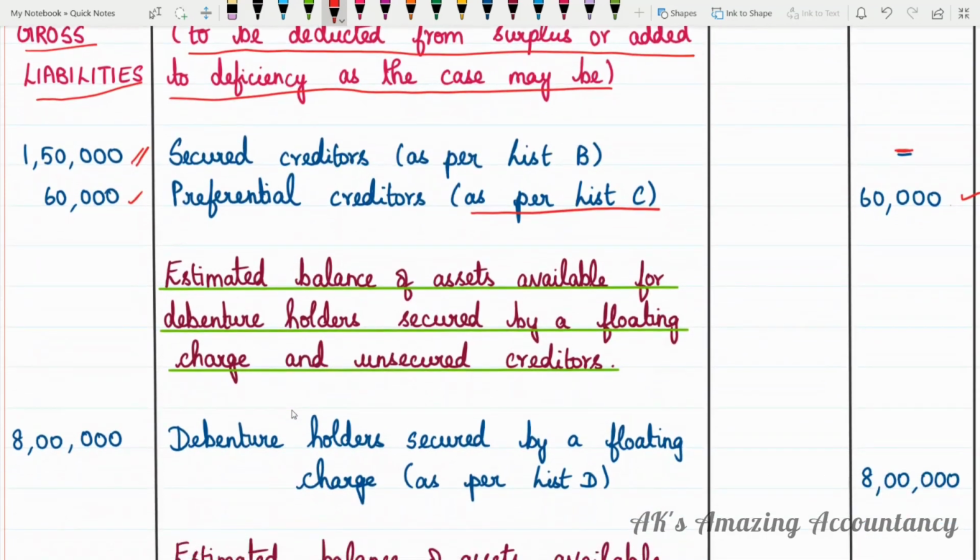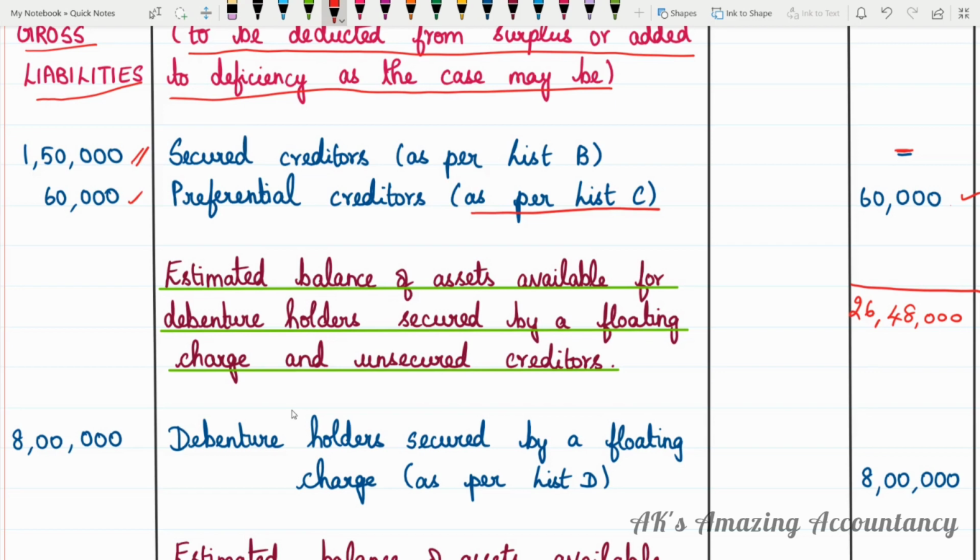So 27 lakhs 8,000 minus 60,000 will give you 26 lakhs 48,000.